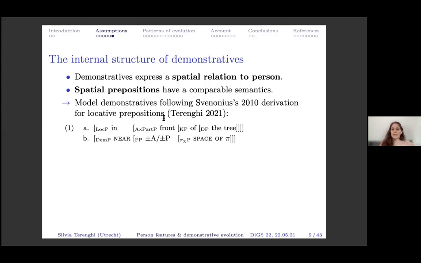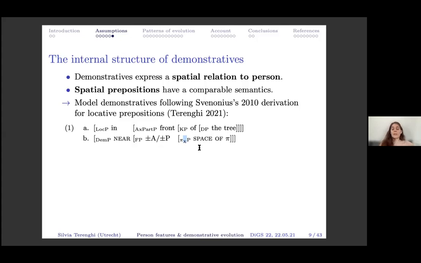And so just as the extended PP would read out something like in front of the tree, I take the internal structure of demonstratives to mean something along the lines of near the speaker or the hearer, whichever the feature or specification is. So near, say, the speaker, in the space of the current discourse atom, so in the space of pi. And here you see that we have this chi.